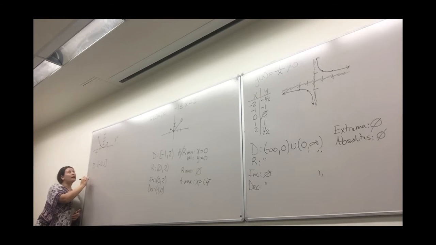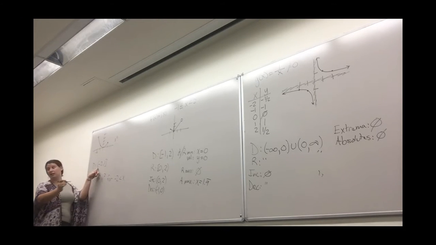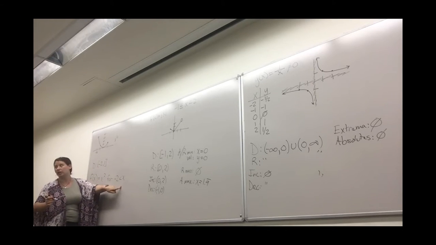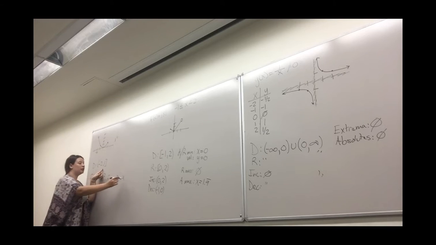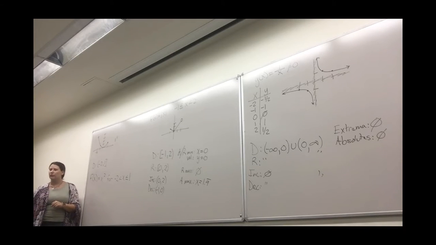So we would write that as f of x equals x squared for -2 less than x, because it's a parenthesis, right? So we're going from interval notation into inequality notation. Then, because it's a bracket, less than or equal to 1. Okay?